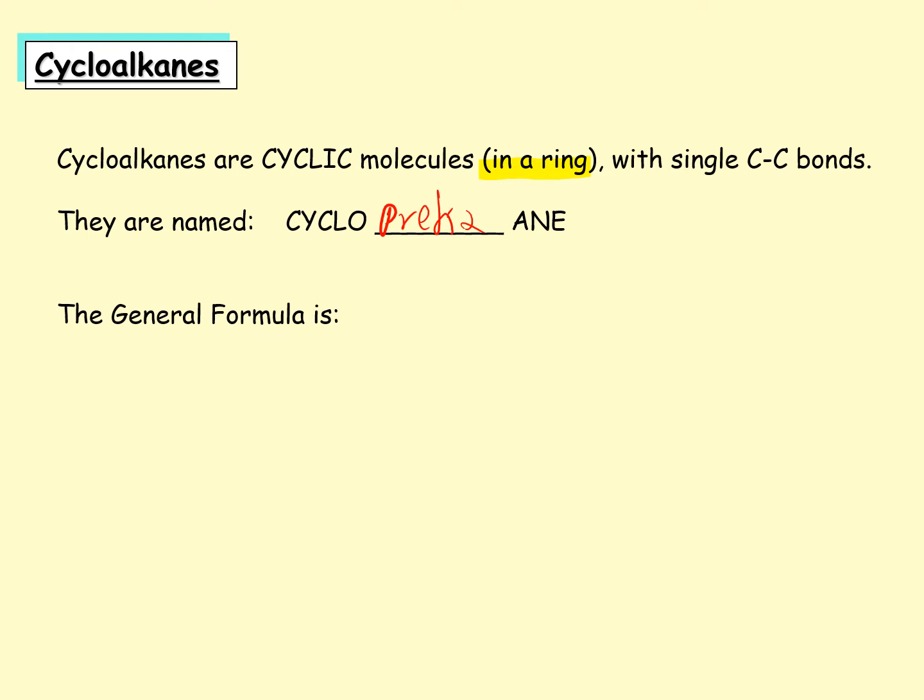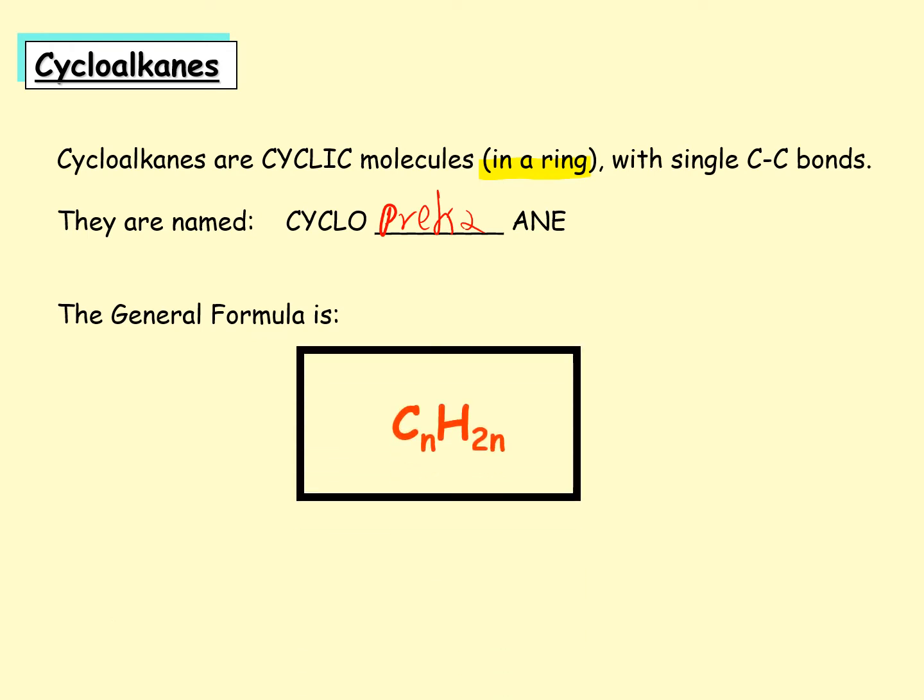They've got the general formula CnH2n, which you might recognise as being exactly the same as alkenes.